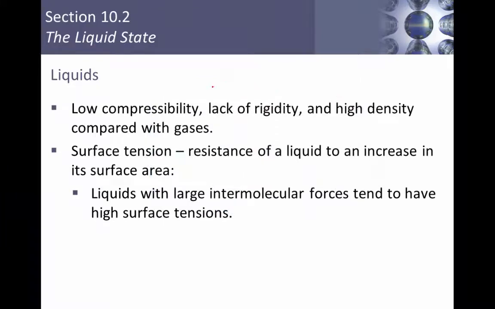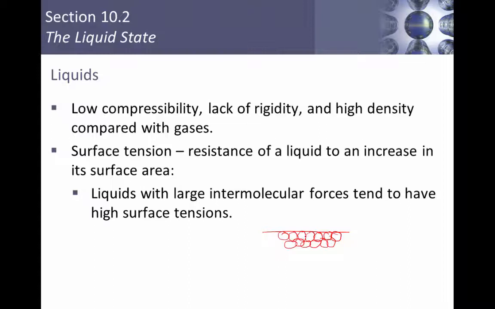Let's start out talking about surface tension. Let's see if I can draw this now. Let's pretend this is water, so these little circles are H2O molecules. This is the surface of the water, and here's a little bit below the surface.